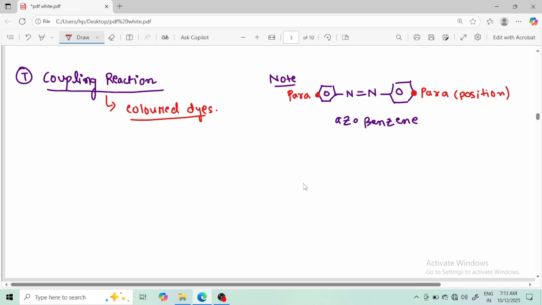So here what will happen, this benzene diazonium salt, okay, let me directly give you the chemical reaction, and then I will explain what is actually happening here. So let's say N2Cl is reacting with phenol, and it is giving this reaction. So all you have to do, you have to make the structure, that azo product.